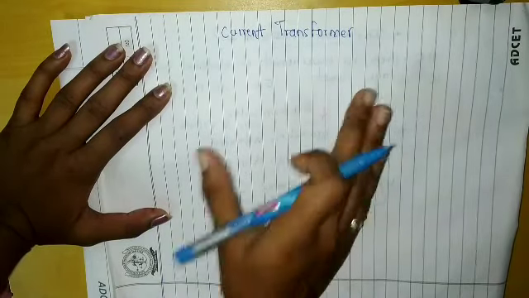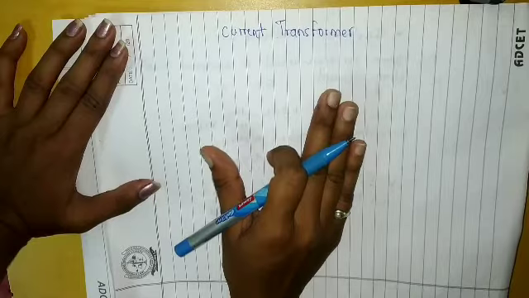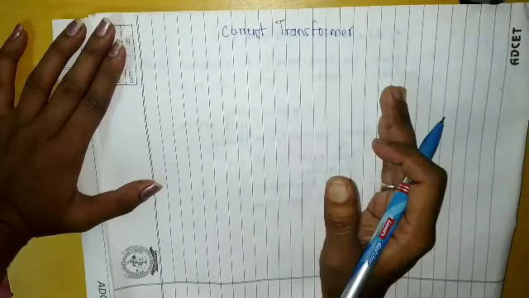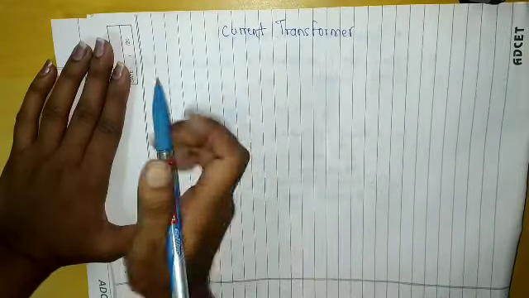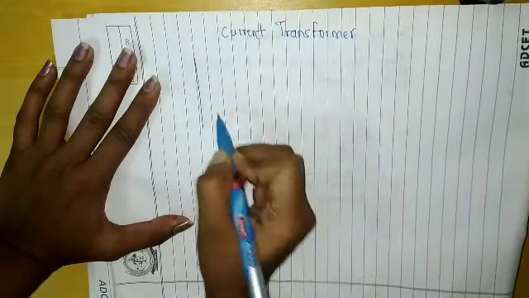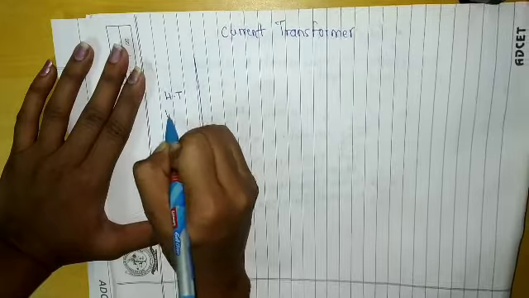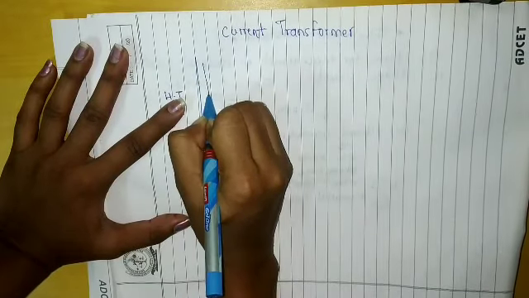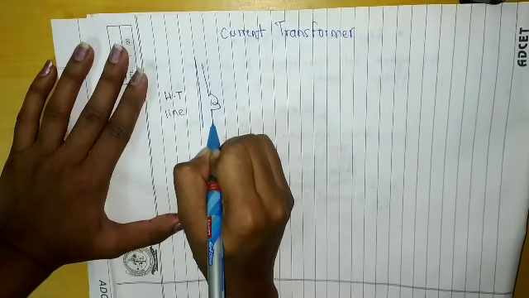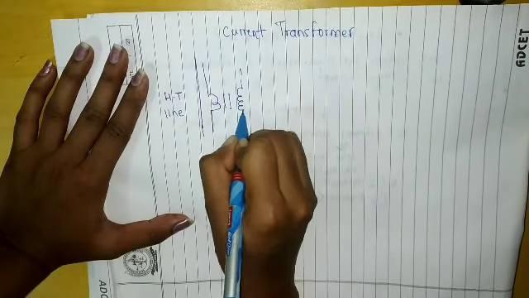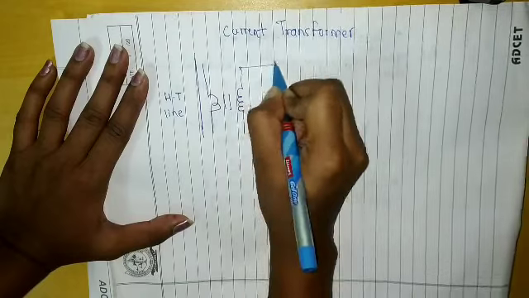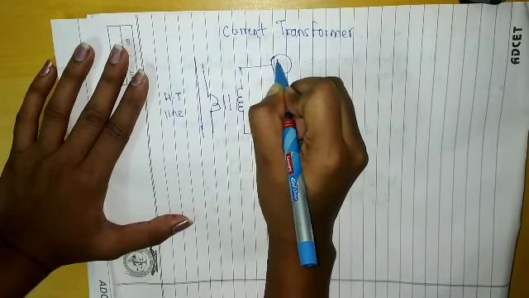Our ordinary ammeter cannot measure this high value of current, so we use CT, that is current transformer. I will just draw the diagram. So this is the HT line and this is our CT. This is our ammeter.